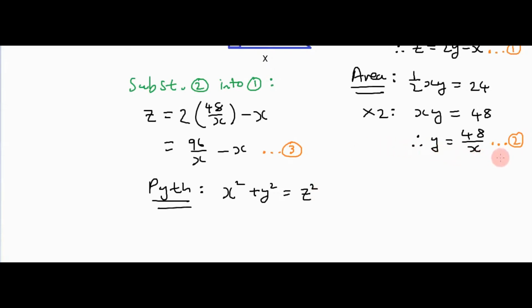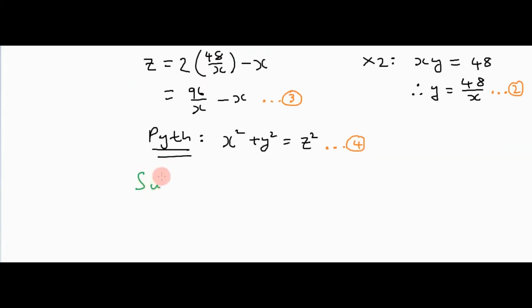But in equation 2, we have y in terms of x, and in equation 3, we have z in terms of x. So we can substitute equation 2 and equation 3 into this equation, which we're going to call equation 4.